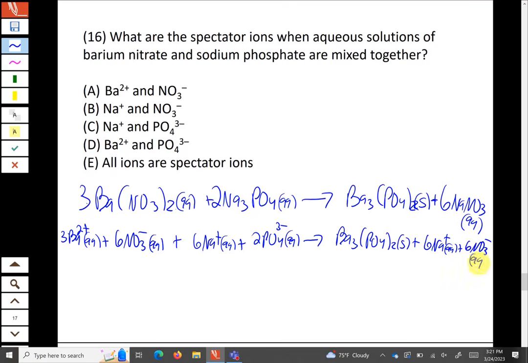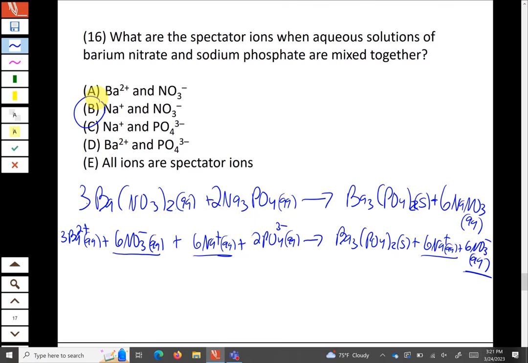All right, so that's going to be the total ionic equation where we've separated every aqueous substance into the individual ions that it would break up into. And then those that appear on both sides are going to be our spectator ions. So 6 NO3 minuses on both sides, and we also have 6 Na pluses on both sides. So sodium and nitrate are the spectator ions. That would be answer B here.